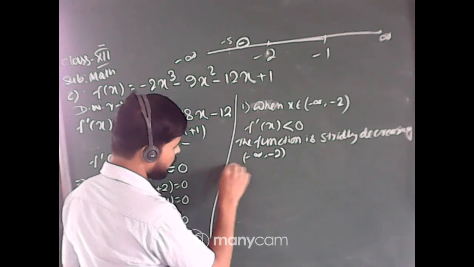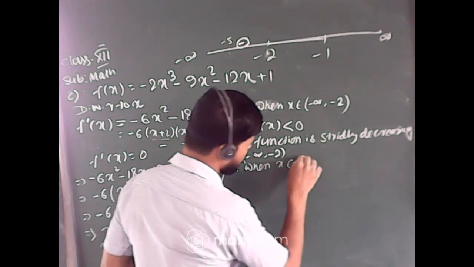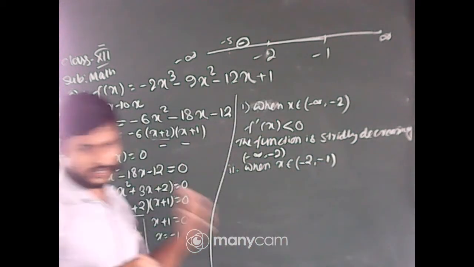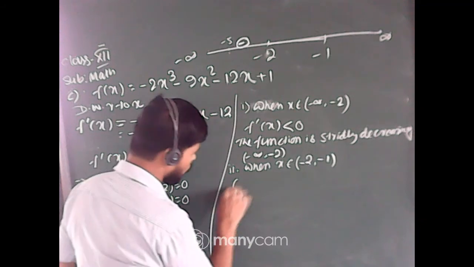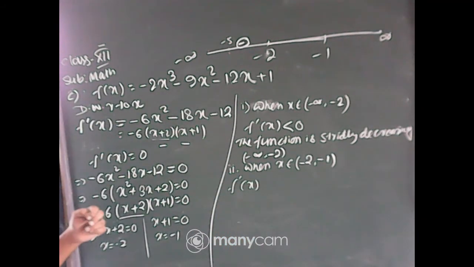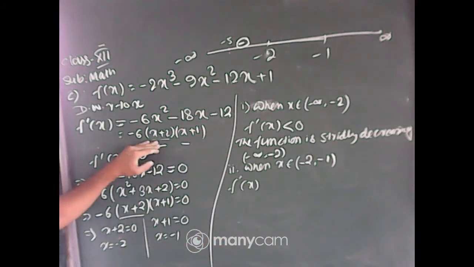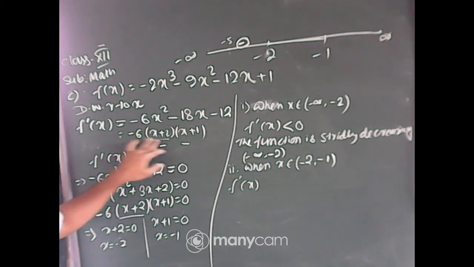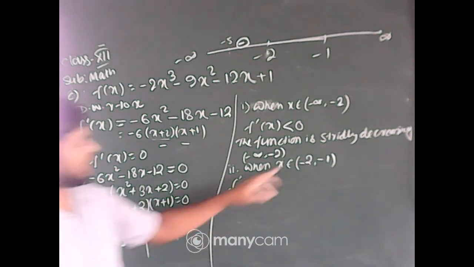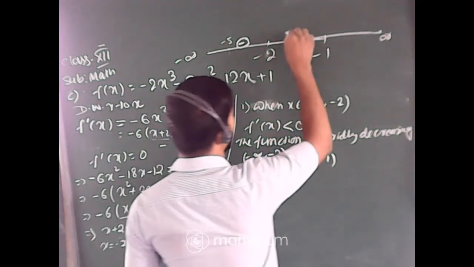So number 2, when x belongs to minus 2 to minus 1, in that case what is the value of f dash x? Now look, if x is greater than minus 2 but less than minus 1, what will be the value of this term, minus 6 into x plus 2 into x plus 1? Take any point lying between minus 2 and minus 1.